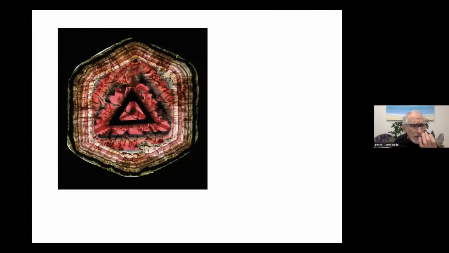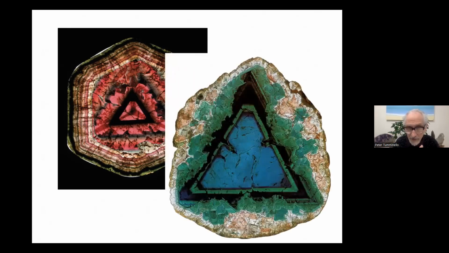These shapes are so firmly, deeply imprinted on crystallization. Here's an example of an internal picture of a crystal. This is the same type of crystal. They're both tourmalines, which are trigonal.